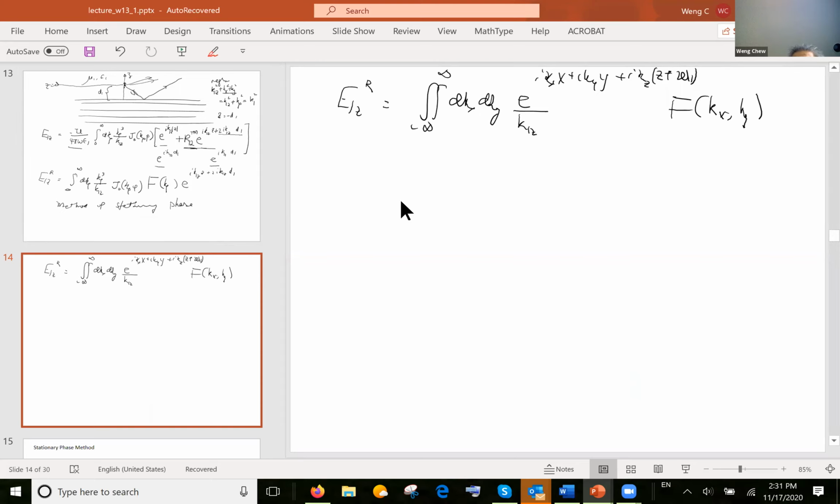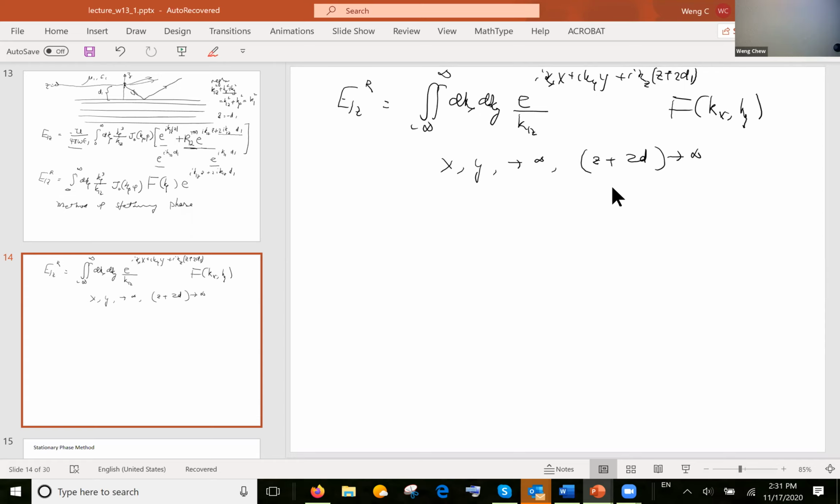The stationary phase method will say that if I want to integrate this function over all kx and ky, I'm going to see that the integrand is rapidly oscillating if x, y go to infinity and z plus 2d1 goes to infinity.